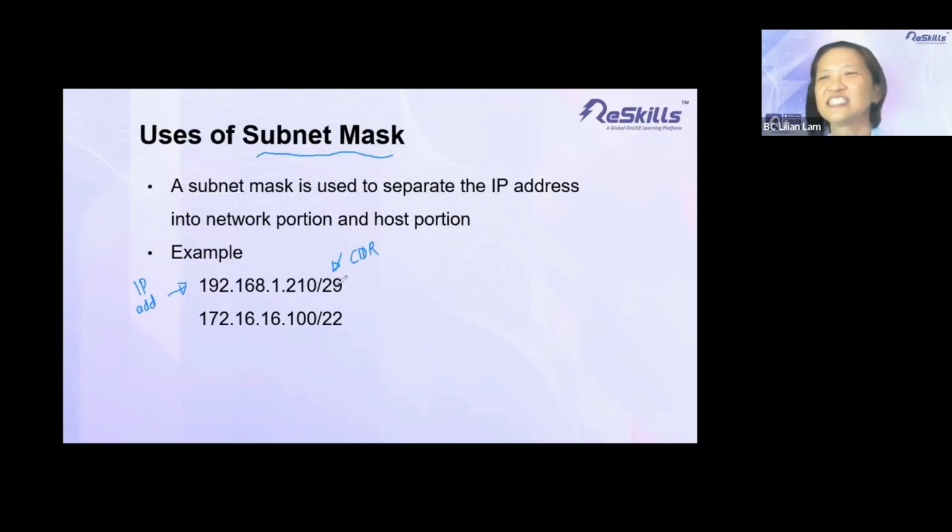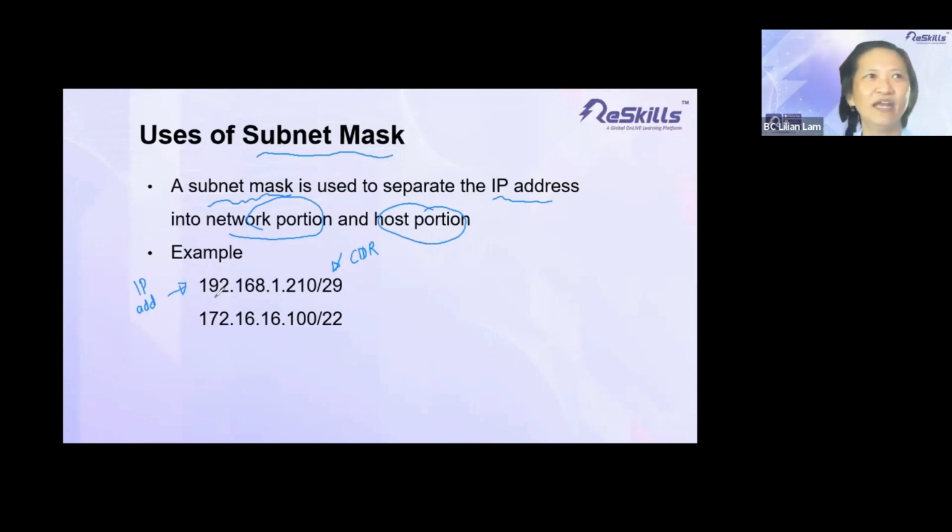We pronounce this as slash 29. So a subnet mask, what is it used for? It's used to separate the IP address into the network portion and the host portion. So that is the use of a subnet mask.